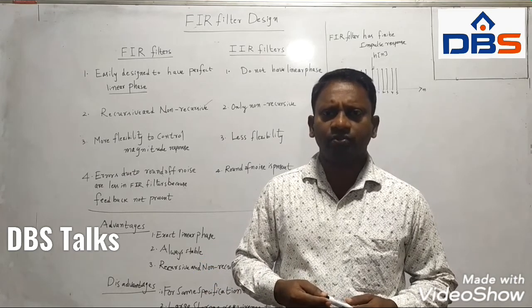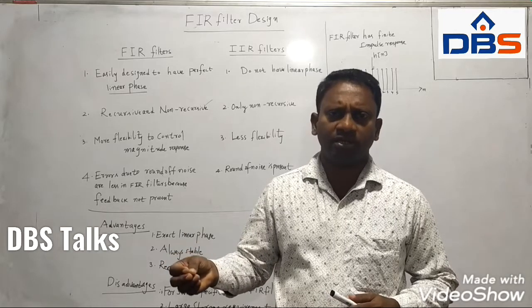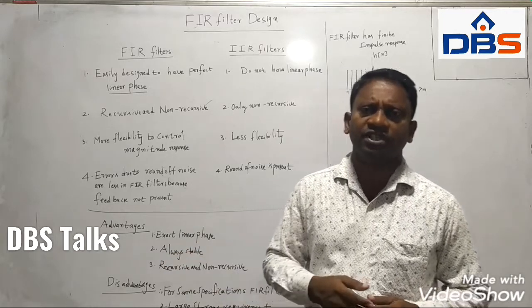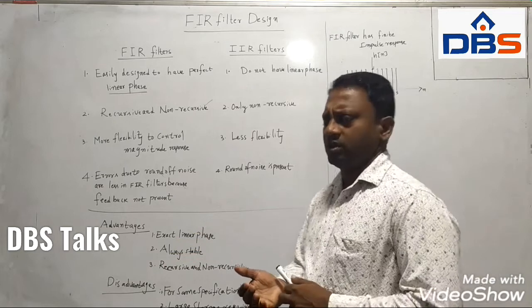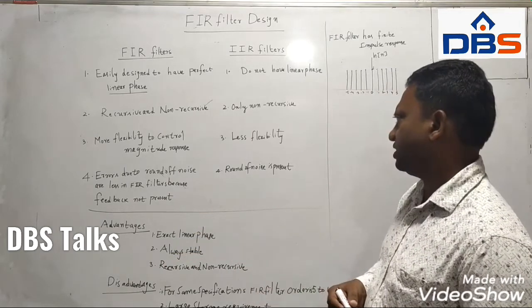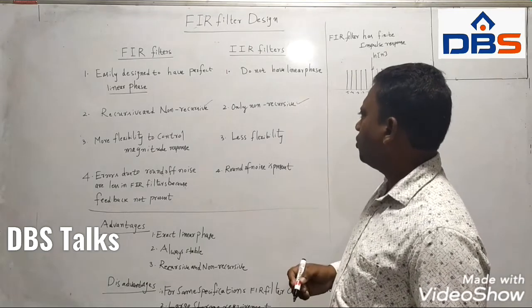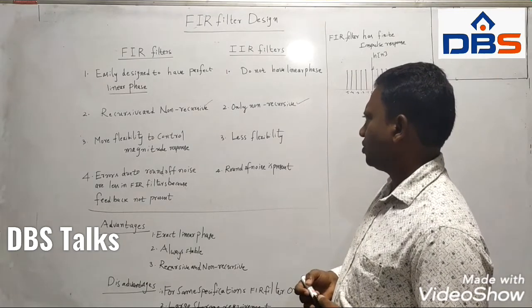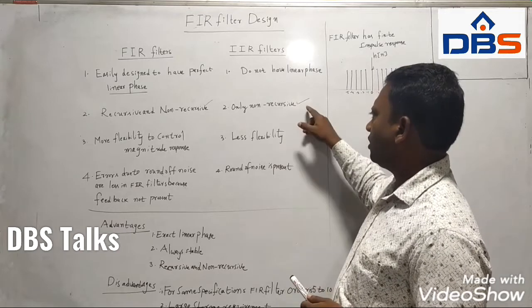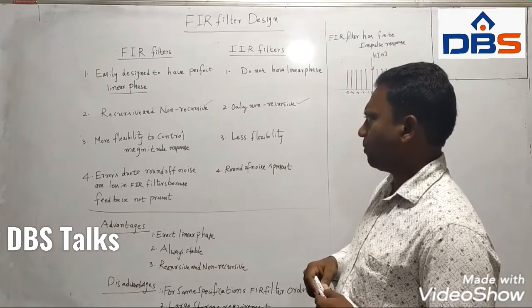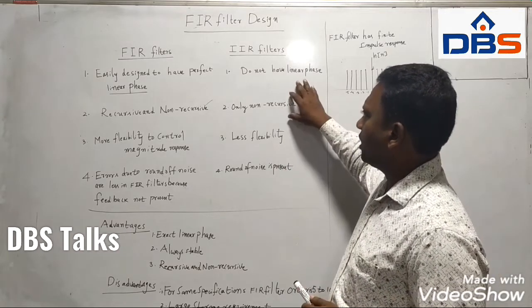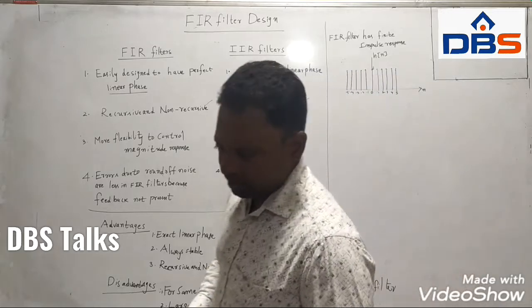Non-recursive realization means if the output depends on the present inputs and past inputs, then we say that it is a non-recursive realization. And this one is only non-recursive realization. So we can have only a non-recursive realization. Okay, that IIR filters can be designed non-recursively.